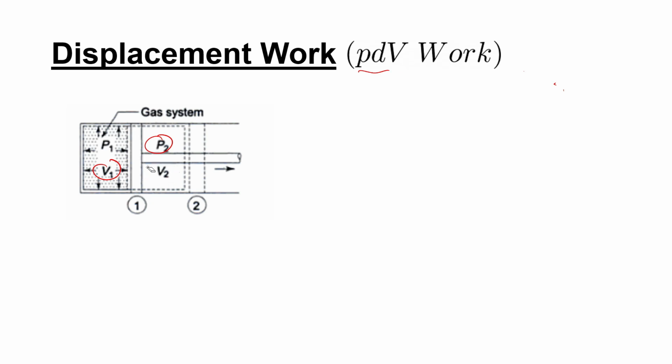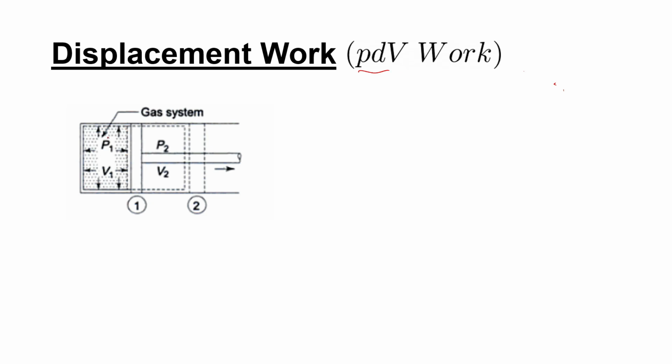Since the piston moves, there is a force acting through a distance. You can see that this force is what the gas pushes with. So this is a force acting through a distance. This is the distance covered. It moves through a distance. So then you can see that there is work done, energy is transferred from the system.